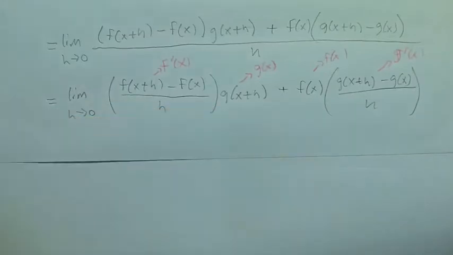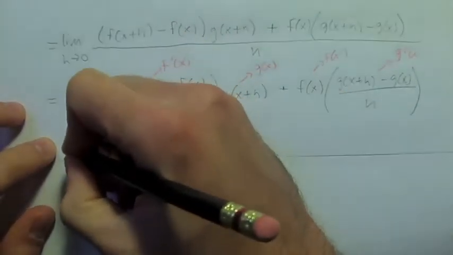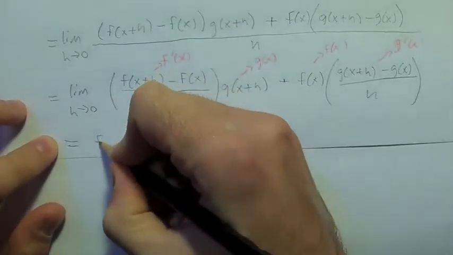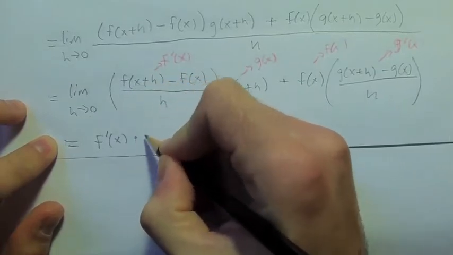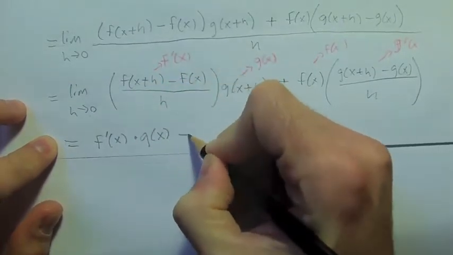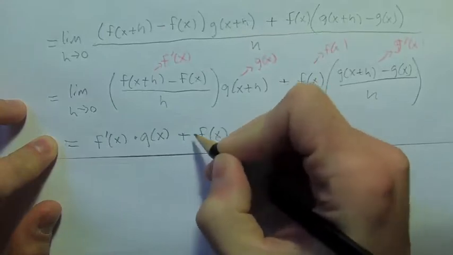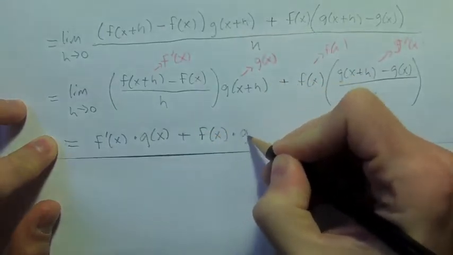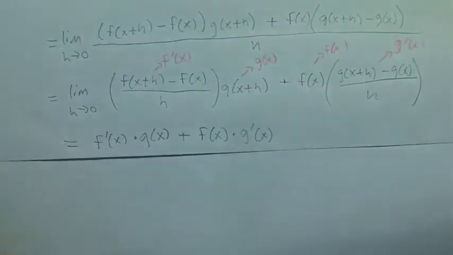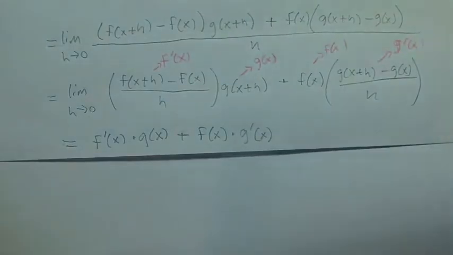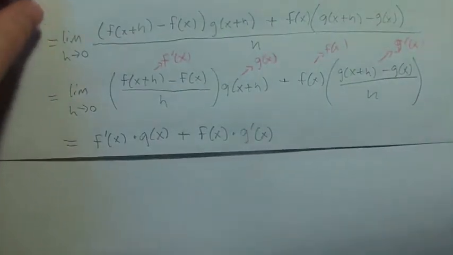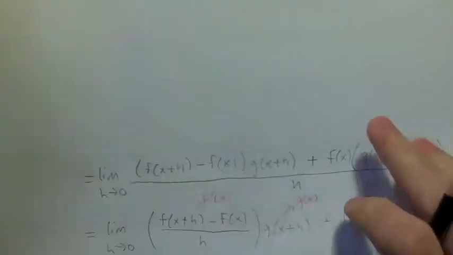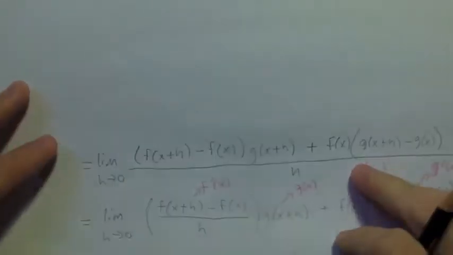Okay? So we end up getting that this is basically f prime of x times g of x plus f of x times g prime of x. Okay? And so that, ladies and gentlemen, is the product rule.